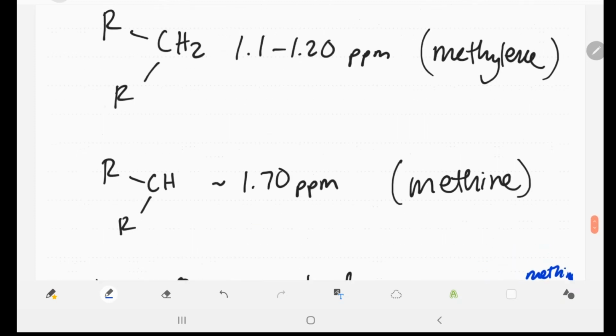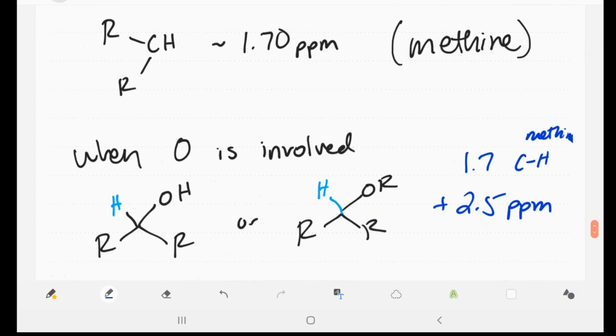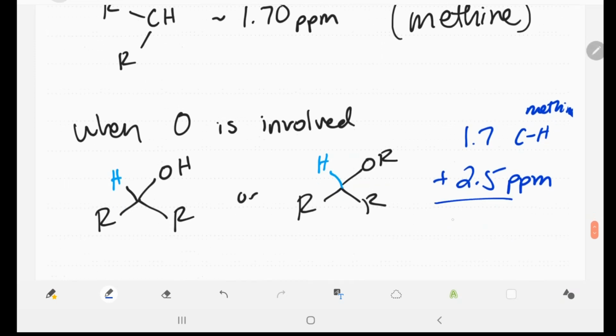It's not a methylene because there's only one hydrogen on it. So methine hydrogens normally show up at 1.7. So we're expecting this to show up at about 4.2, if I can do my math correctly. Yeah, 4.2 ppm. This is where we would expect this to show up.